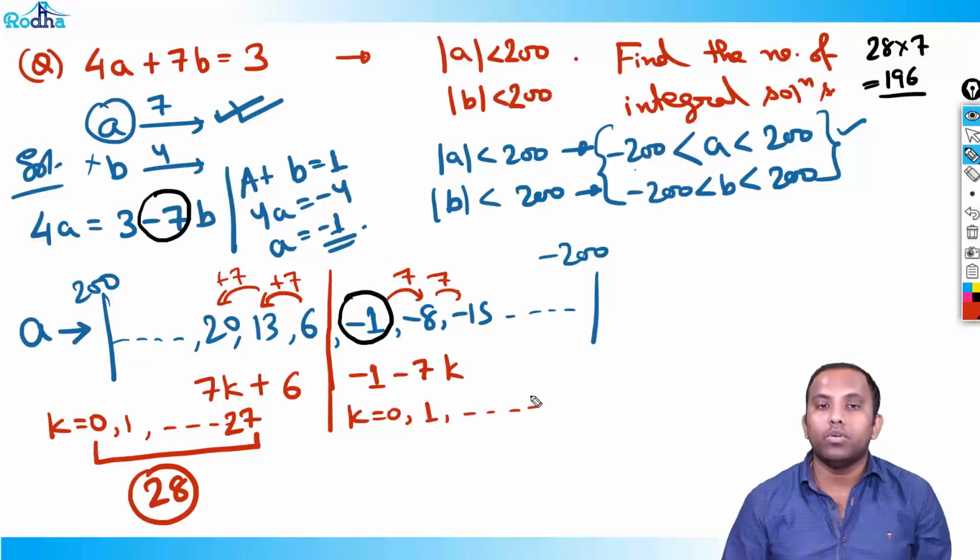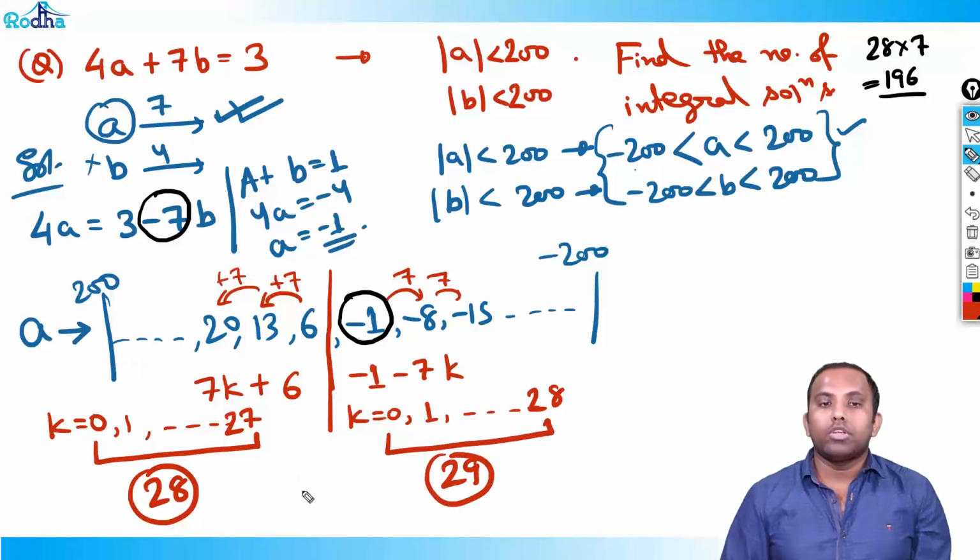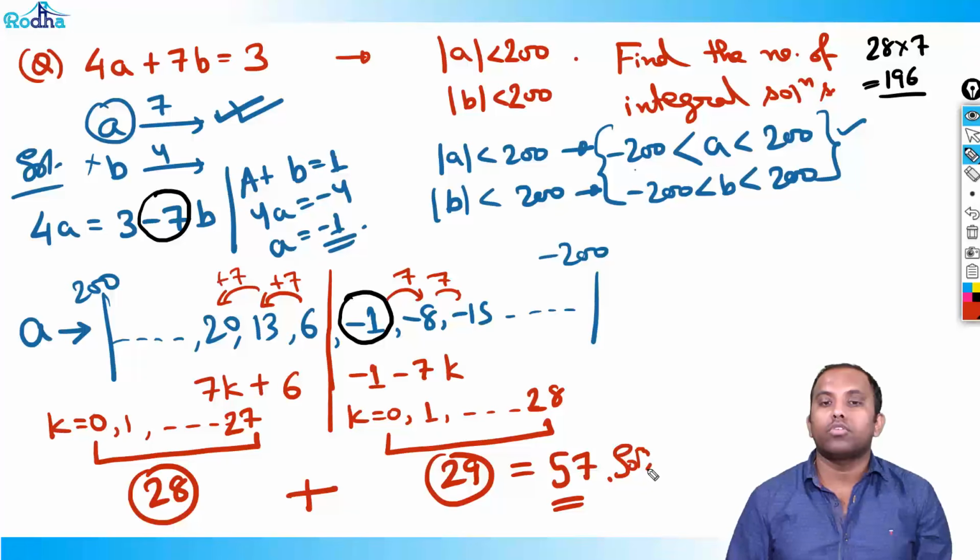That means k equal to 28 will satisfy here. So 0 to 28 gives 29 values. Total solutions: 28 plus 29, which is 57. The answer for this question is 57 solutions.